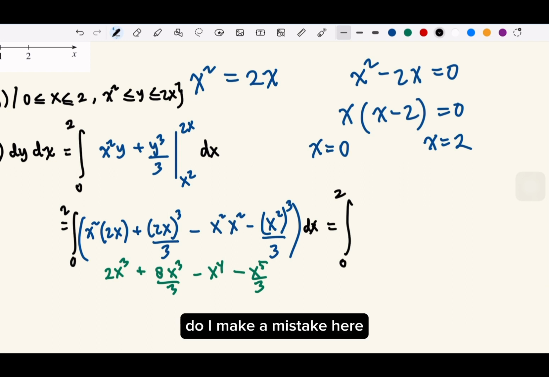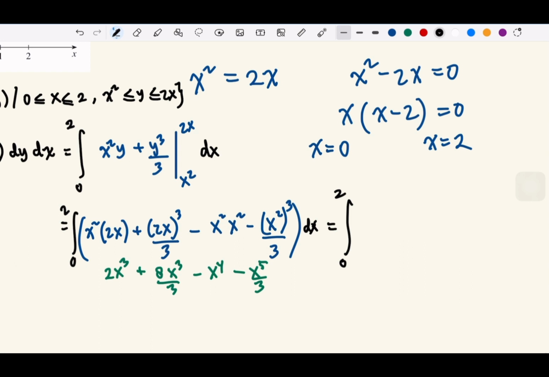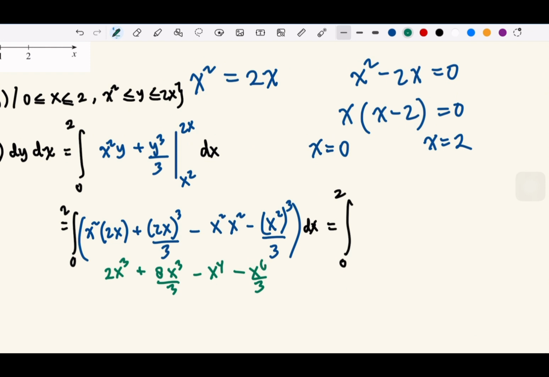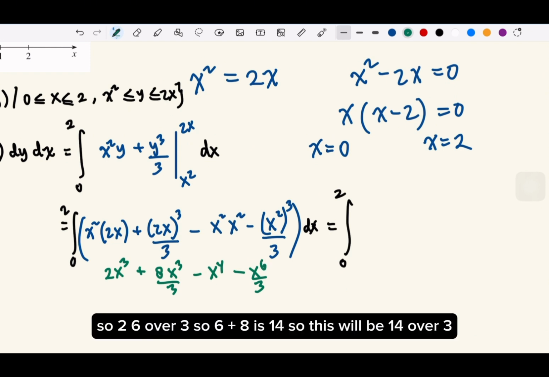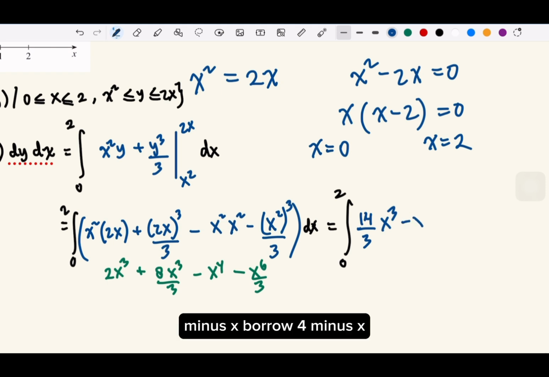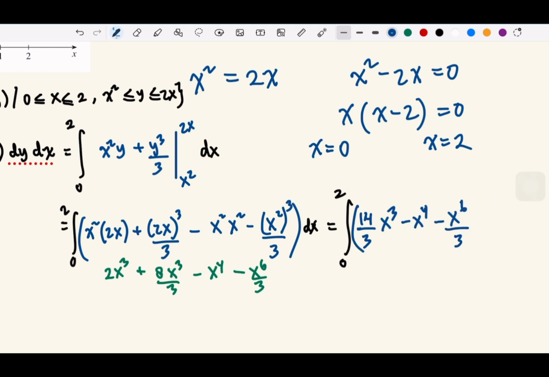Did I make a mistake here? Oh, wait. This one should be 6, right? So 6 over 3. So 6 plus 8 is 14. So this will be 14 over 3 x cubed minus x to the power of 4 minus x to the 6 over 3. Okay.